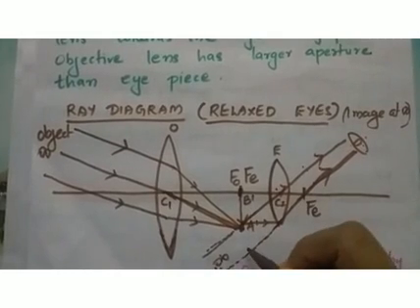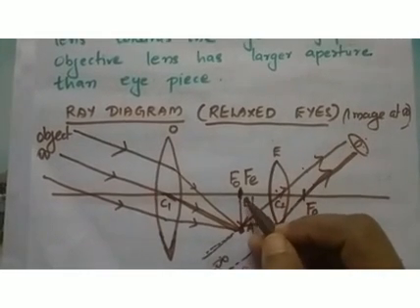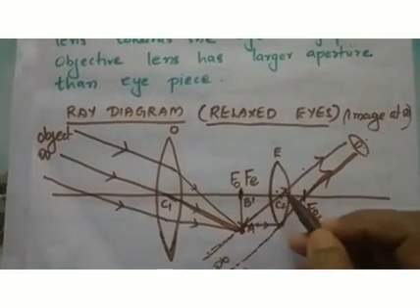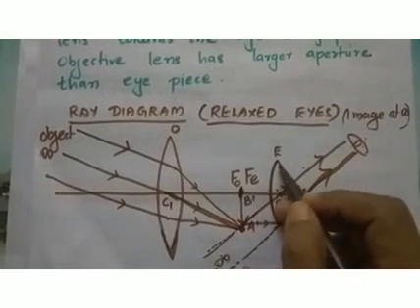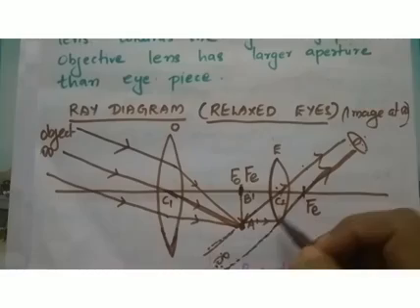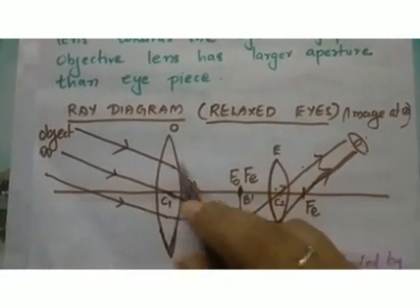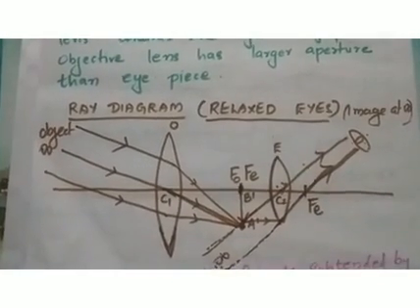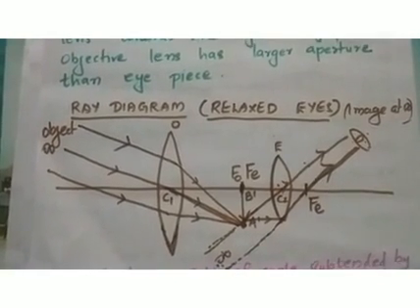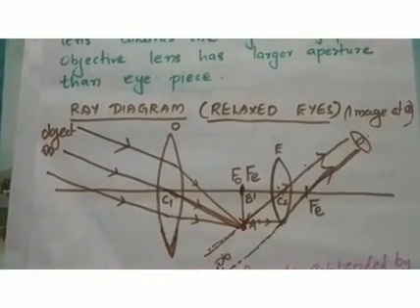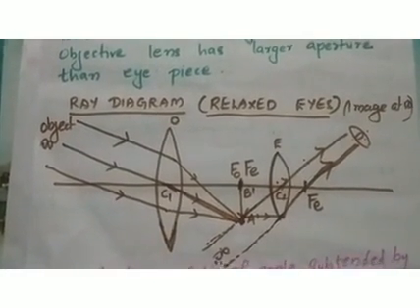So if the image is to be formed at infinity, the object should be at the focus. So here the object, that is A'B', should be at the focus of the eyepiece. Then only the image can be formed at infinity. So the focus of the objective lens and the eyepiece lens coincide in the case of the relaxed eyes setting. Okay, so the final image is formed at infinity.